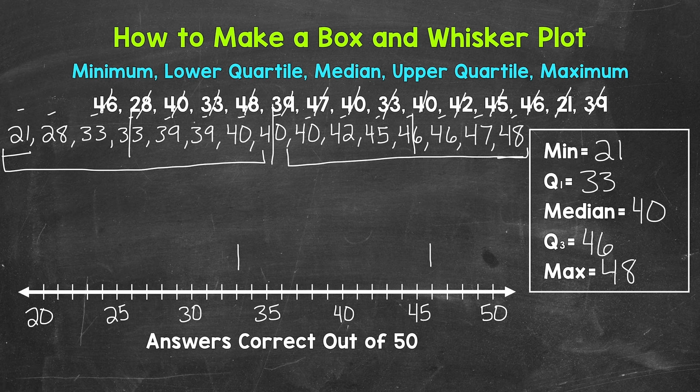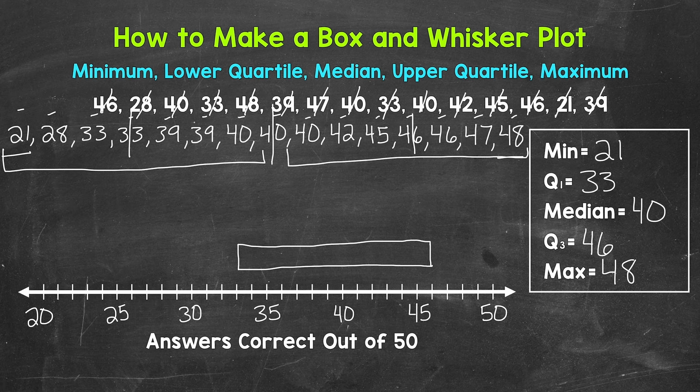And those are the sides that the box or rectangle will extend to. So let's create that rectangle. And that's the box of our box and whisker plot. Again, it goes from the first quartile or lower quartile to the third quartile or upper quartile.